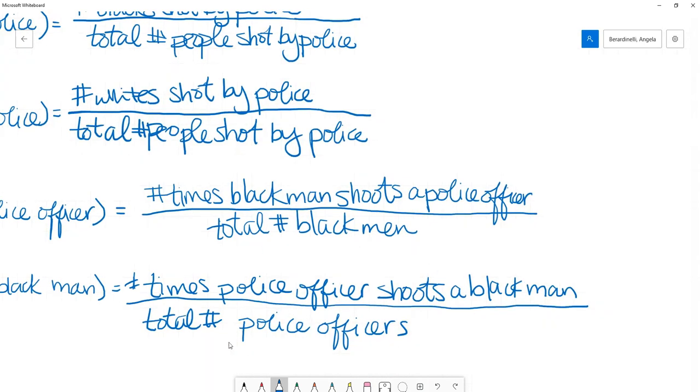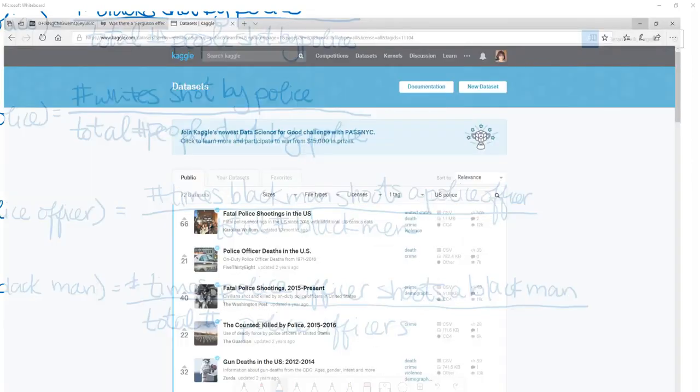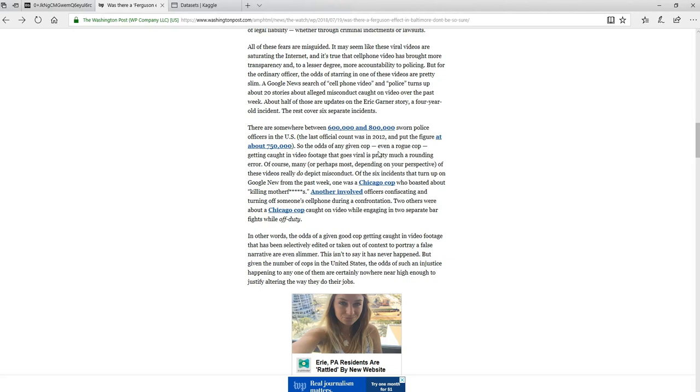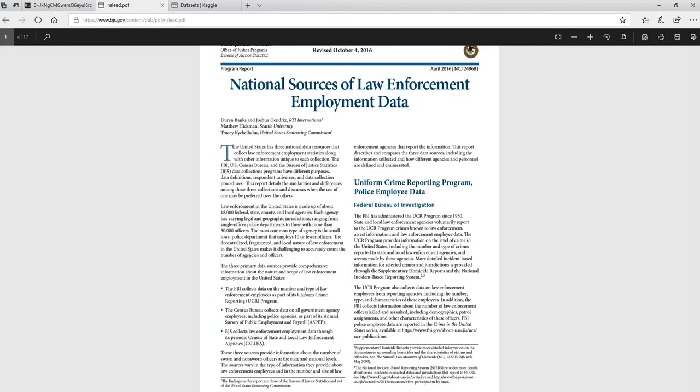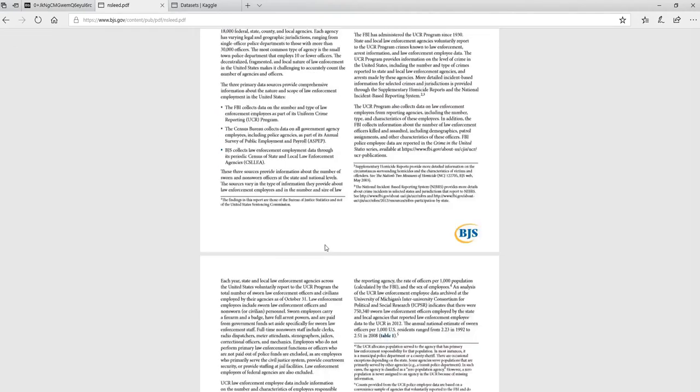And actually, the total number of police officers was cited in article number 3 that we read. So it said that in 2012, the count was about 750,000. And it comes from this report.